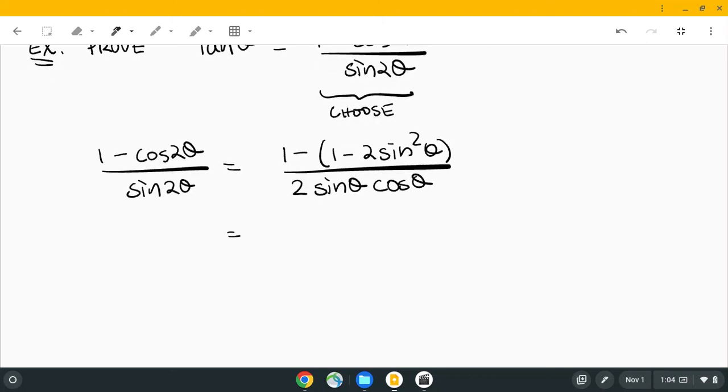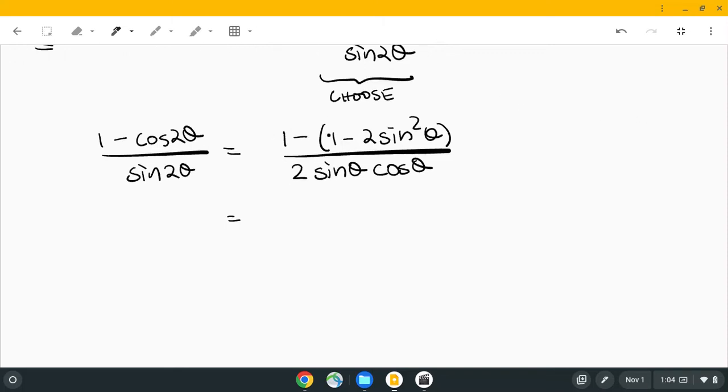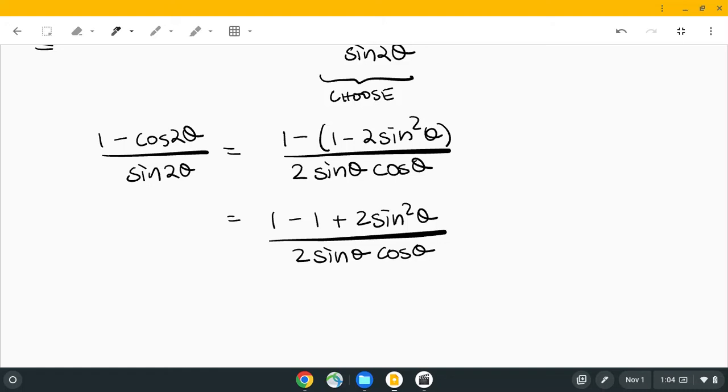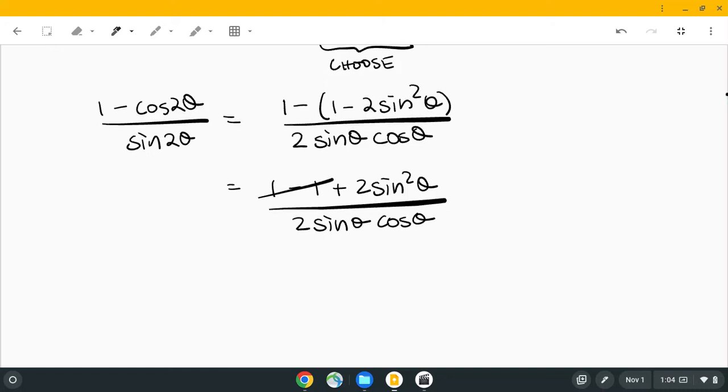Now let me go ahead and do this distributive here and combine like terms. So 1 minus 1 plus 2 sine squared theta over 2 sine theta cosine theta. These guys cancel.